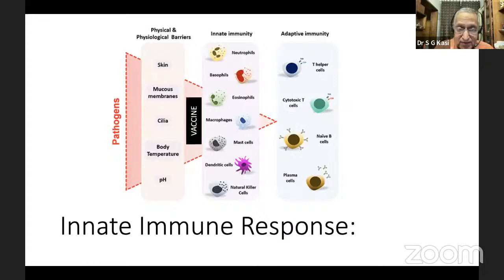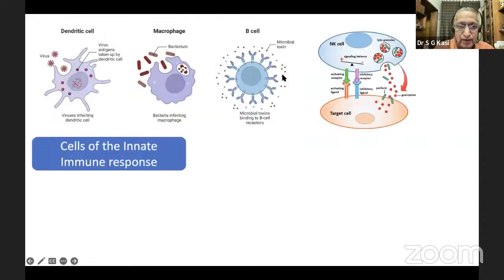But when you look at a vaccine, you must remember that almost all vaccines that we use are parenterally administered vaccine. Whether it's a respiratory pathogen, whether it's a gastrointestinal pathogen, or a pathogen entering from the mucus of the genital tract, we are giving it parenterally. So the first barrier is skipped. So a vaccine involves innate and adaptive immunity.